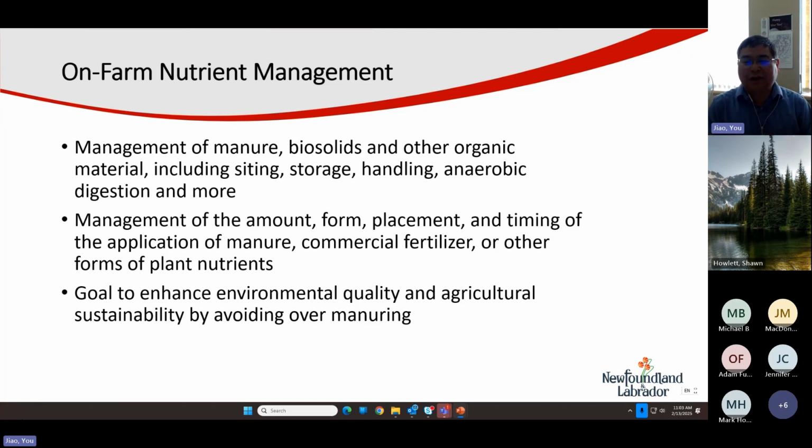So large animal farms generate much more nutrients, which saturate a small piece of area and generate a net negative impact for the environment. So then we have the concept of nutrient management. Basically, it is managing the nutrients, not overly increasing them, not over-manuring.